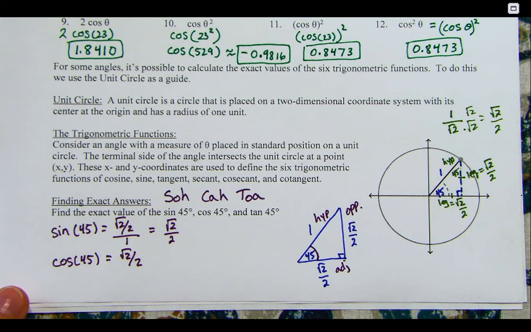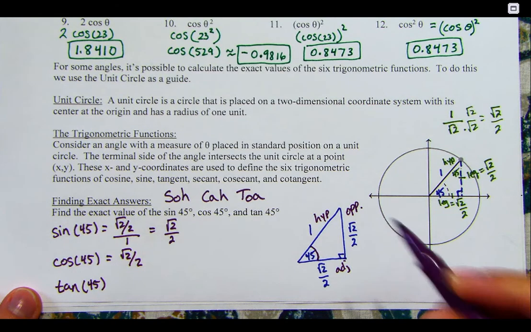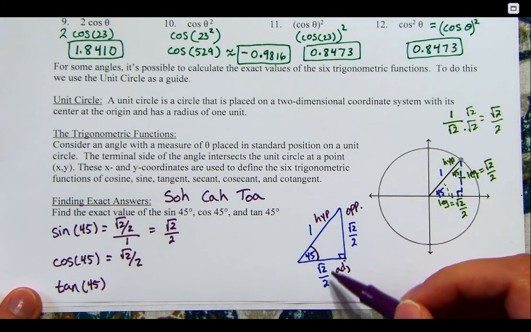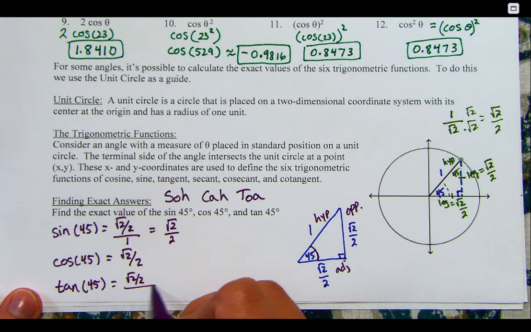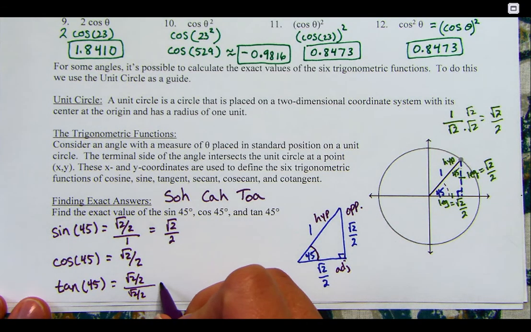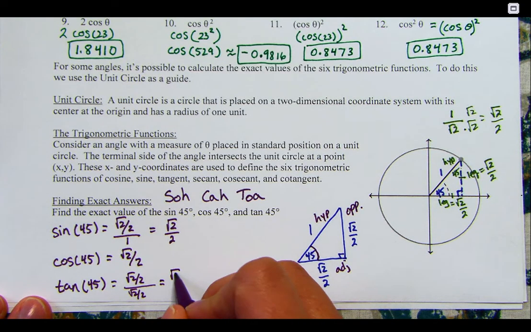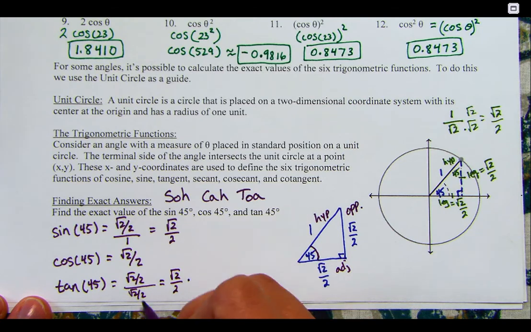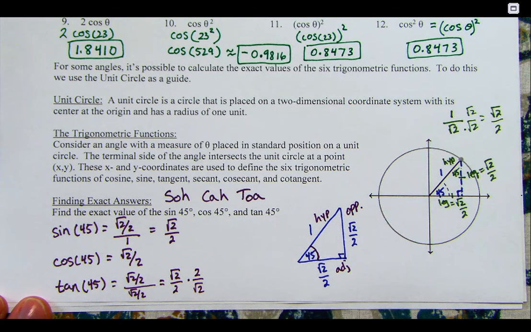Okay. And then for the tangent of 45, that is the opposite side over the adjacent side. So we are taking the square root of 2 over 2 and dividing it by the square root of 2 over 2. Now remember, we don't divide fractions. Instead, we multiply by the reciprocal of the denominator. So we're really doing the square root of 2 over 2 times, and then if I flip this, this will be 2 over the square root of 2.